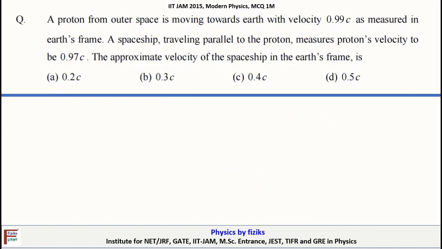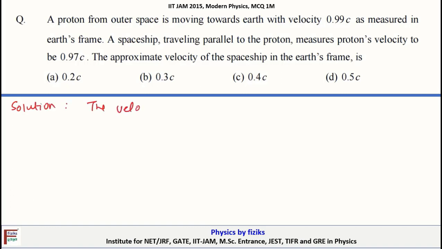A proton from outer space is moving towards Earth with velocity 0.99c as measured in the Earth frame. A spaceship traveling parallel to the proton measures the proton velocity to be 0.97c. The approximate value of the velocity of the spaceship in the Earth frame is. Solution.